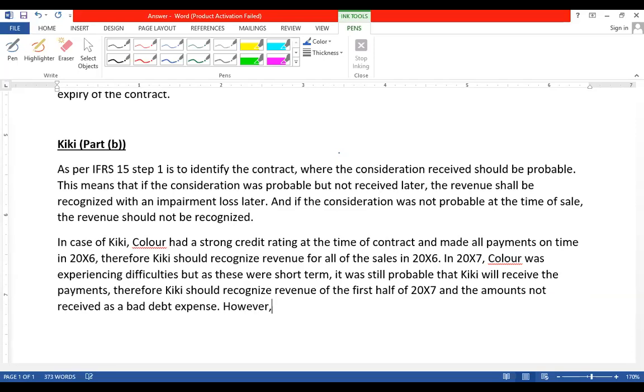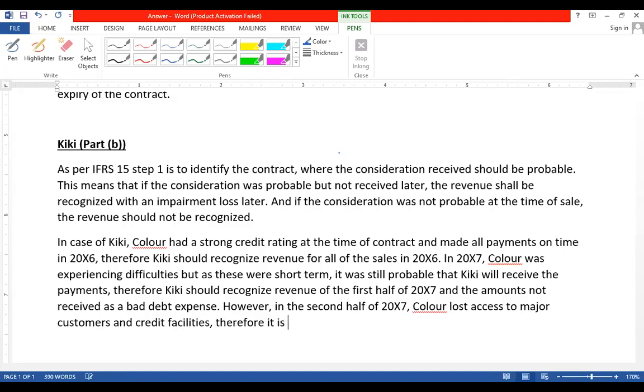However, in the later 20x7, or in the second half of 20x7, Color lost access to major customers and credit facilities.